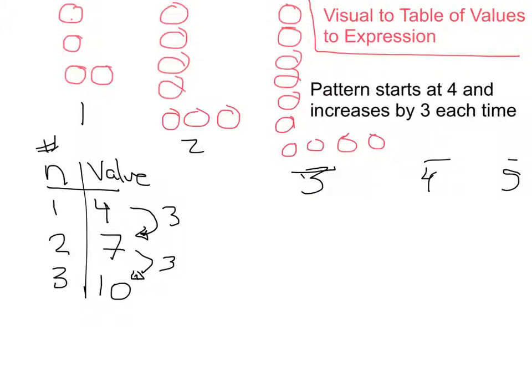So we can say that 3 times n, because a variable, which is the n, and a number side by side with no symbol means multiplication. So 3 times n. This 3 is called our coefficient.